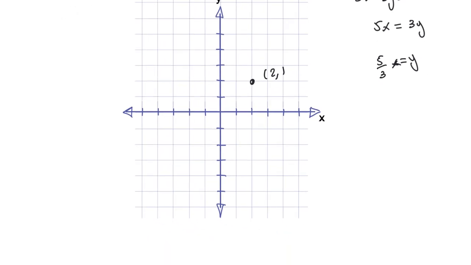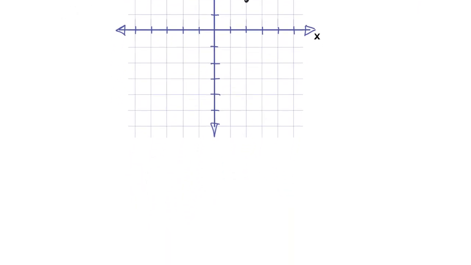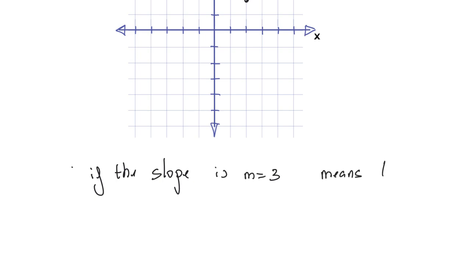So what I'm saying is like this. Let's say, to put it easier, the slope is m equal 2 or 3, whatever. It means that delta y divided by delta x is 3, so delta y is 3 times delta x.